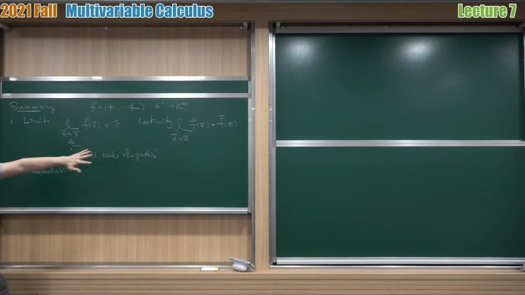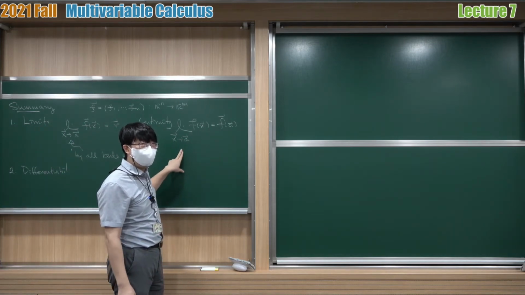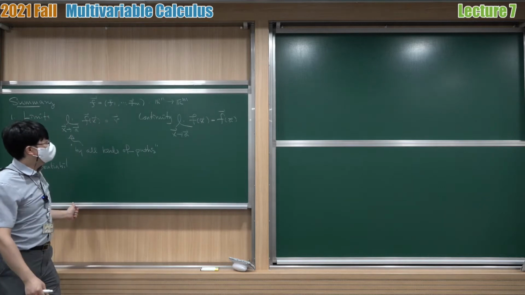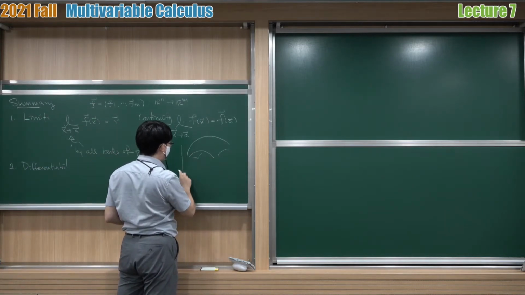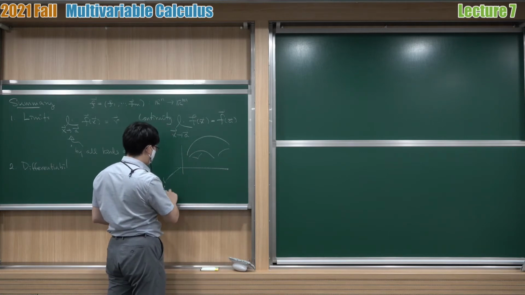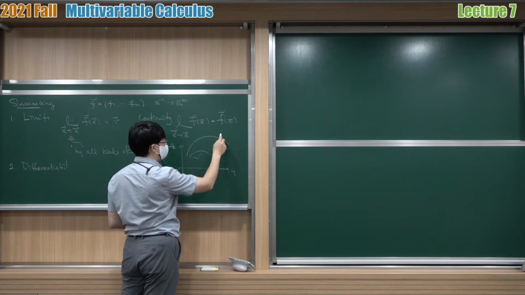If this equality happens, then we say the function is continuous at a. Okay? And the intuition about continuity is that suppose that we have x, y, z space, and this is our graph of the function.